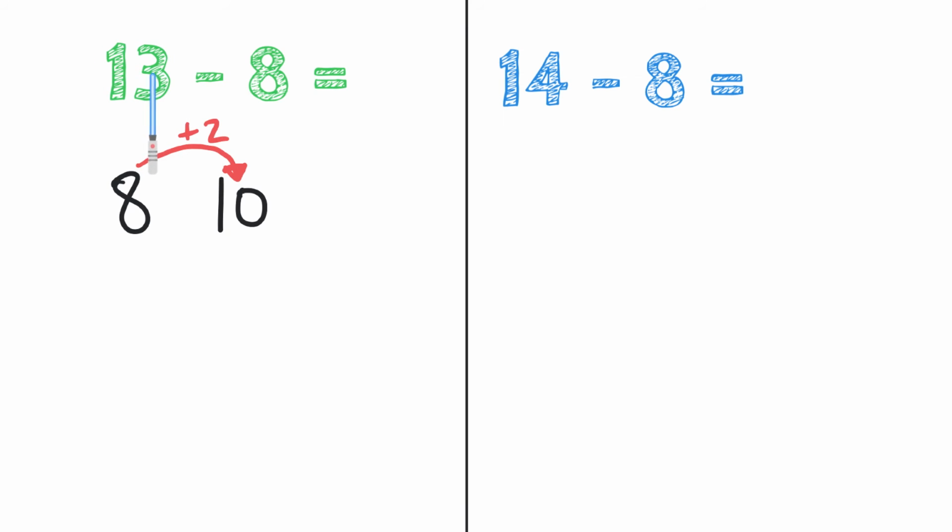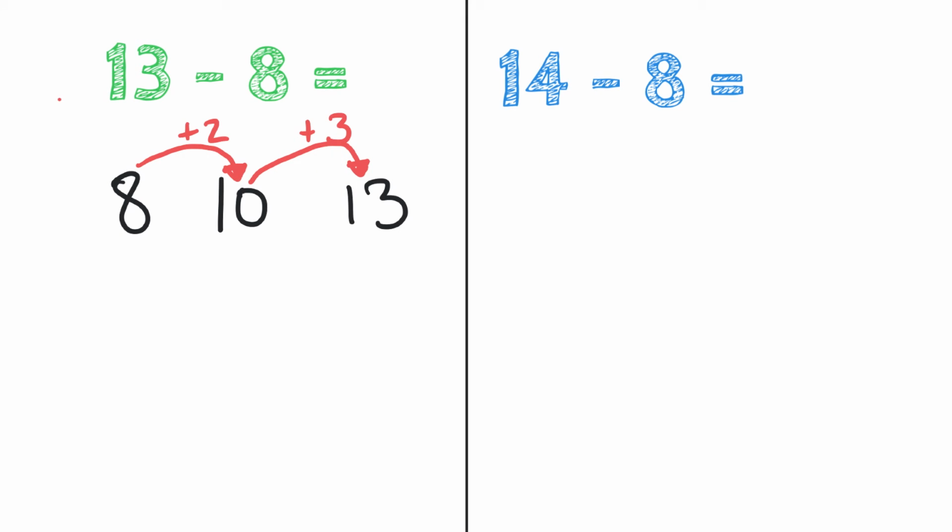We need to get all the way to that 13 now. So let me plug in my 13 right here. And let's go now from 10 to 13. And that's going to be a plus 3. Because 10 plus 3 equals 13. All right, now we've gone from 8 to 13. So now we know how many it is from 8 to 13. It's 2 and 3.